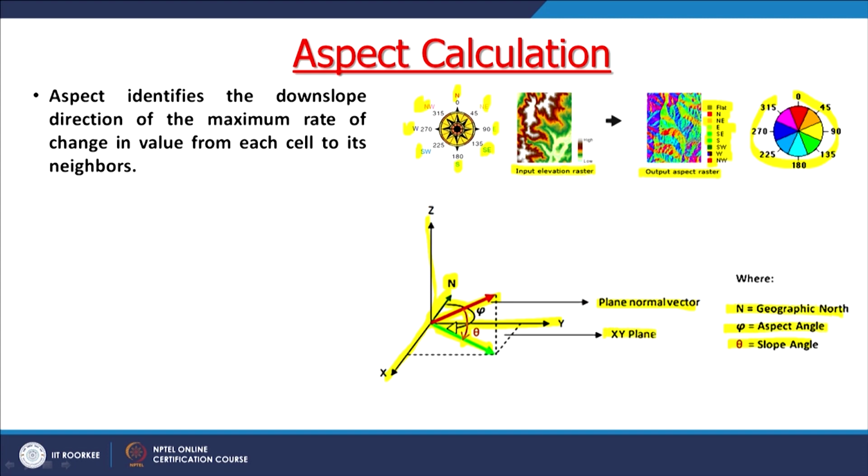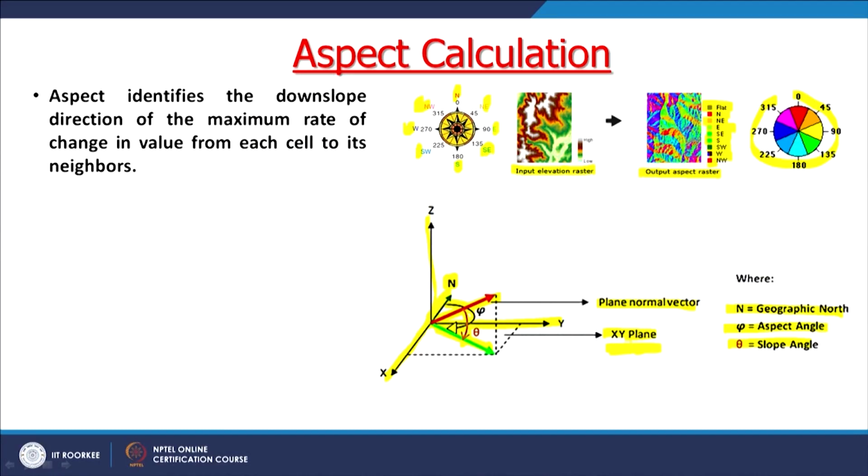This is our xy plane on which we project, and this is very important because slope is measured in the vertical plane, whereas aspect is measured on the horizontal plane, and that is why this xy plane is very much required here.